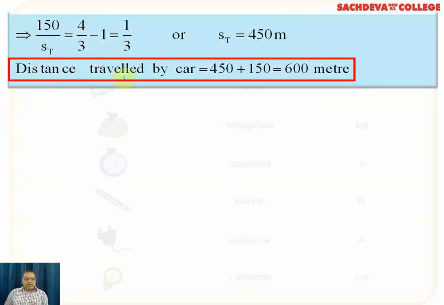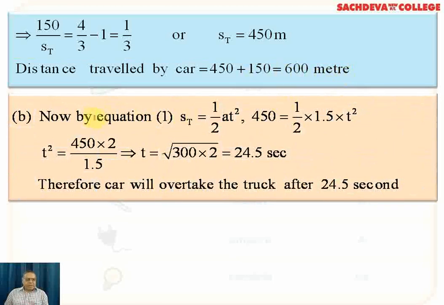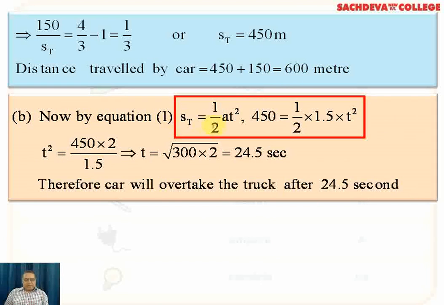So ST will be 450 meters. Distance traveled by the car is 450 plus 150, because the car was behind the truck. So 450 and 150 will give 600 meters. Now, by equation 1, ST is this much, half at square. 450 is half into 1.5 into t square.